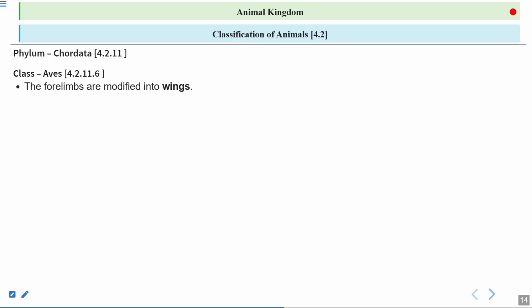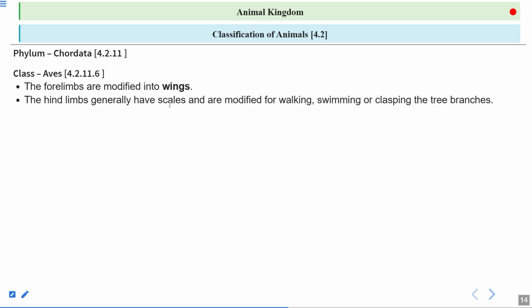The forelimbs are modified into wings. Now, if you see the forelimbs, they are modified into the wings. Now, these wings are also helpful for their flight. The hind limbs generally have scales and are modified for walking, swimming, clasping the tree branches.